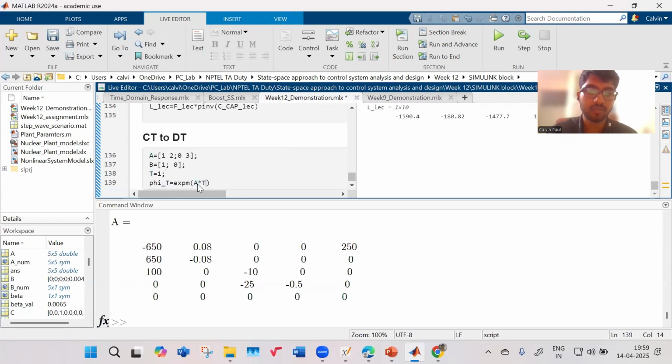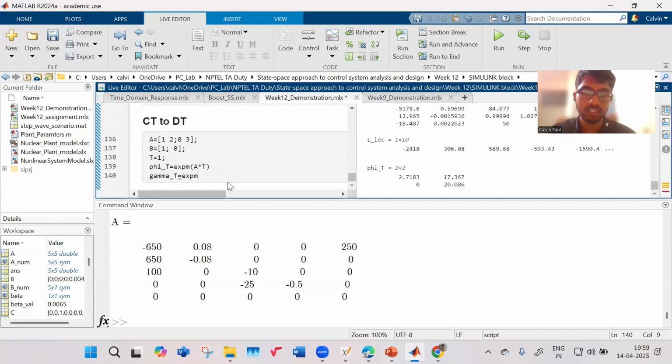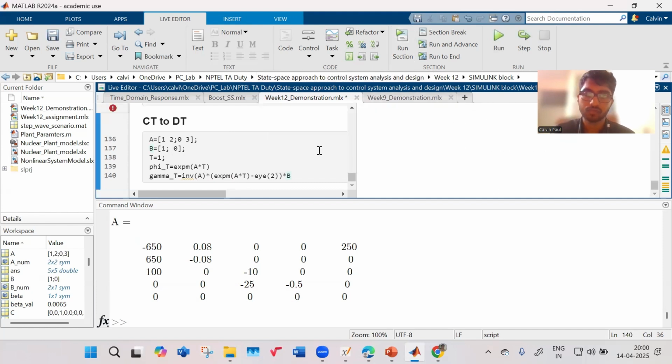This is expm of A into T, this is phi of T. What is our gamma_T? It is inverse of A into (expm of A T minus eye of 2) into B. So this comes out to be our gamma T.